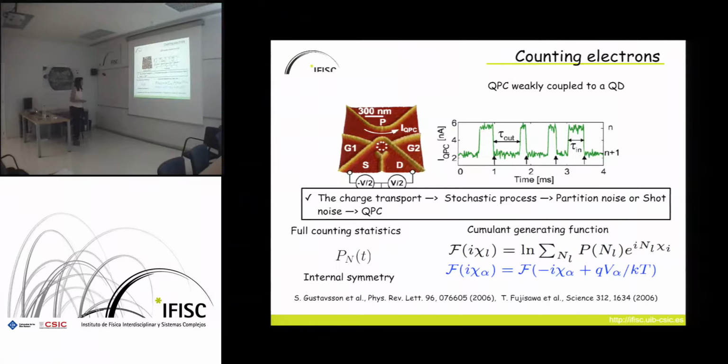So the way to count charges in these systems is, for instance, here you can have a quantum dot and a quantum point contact. Anytime there is a charge traversing from left to right through the quantum dot, the quantum point contact has one signal here.